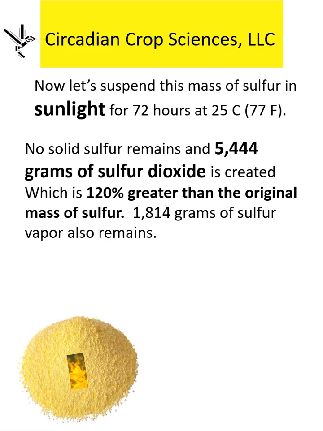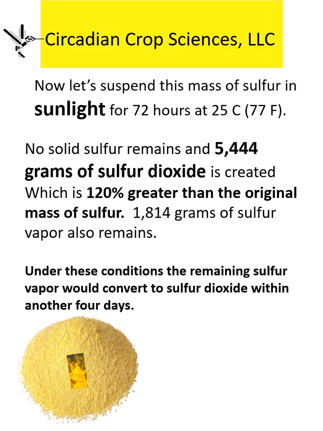No solid sulfur remains, and 5,444 grams of sulfur dioxide is created, which is 120% greater than the original mass of sulfur. 1,814 grams of sulfur vapor also remains. Under these conditions, the remaining sulfur vapor would convert to sulfur dioxide within another 4 days.